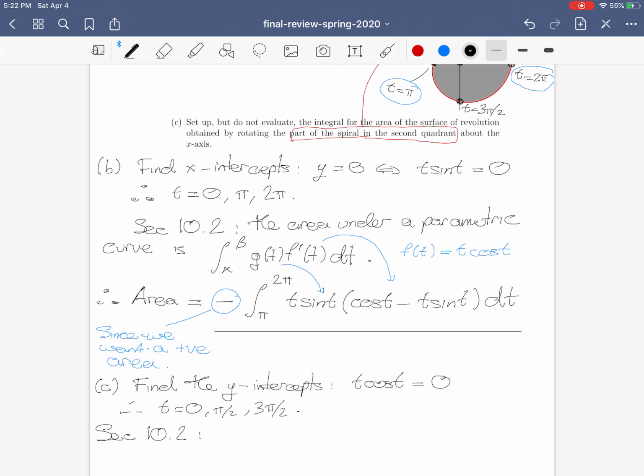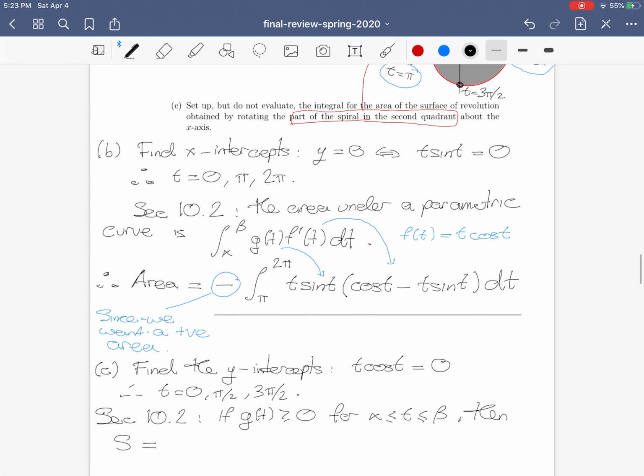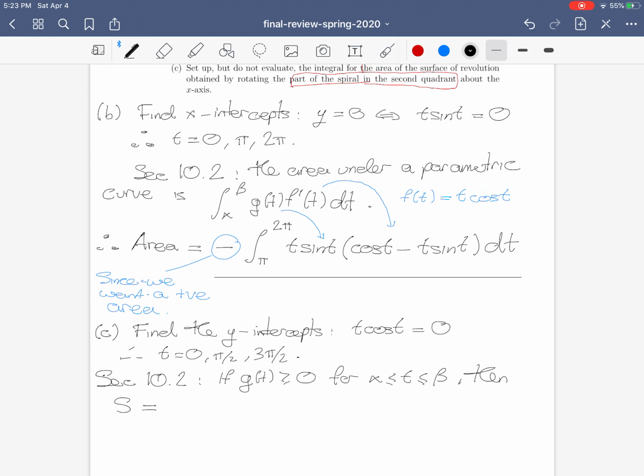Section 10.2 tells you that if g of t is greater than or equal to 0 for t between alpha and beta, then the surface of revolution obtained by rotating around the x-axis is equal to the integral from alpha to beta of 2 pi g of t times the square root of f prime of t all squared plus g prime of t all squared dt.